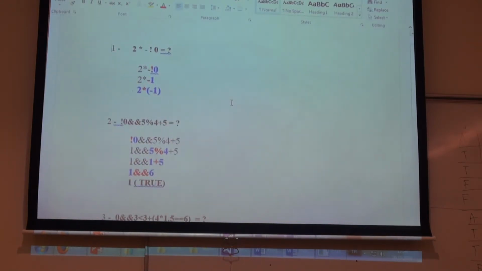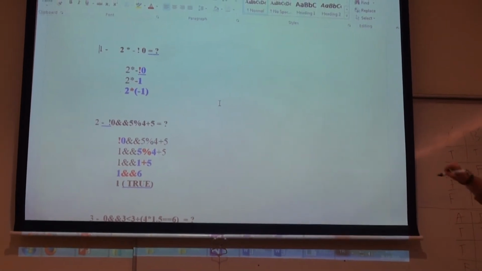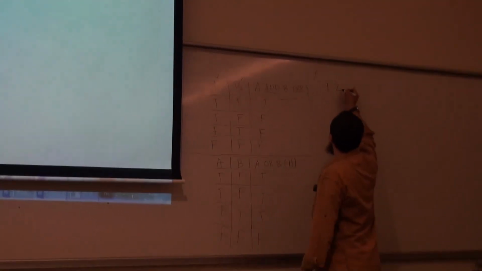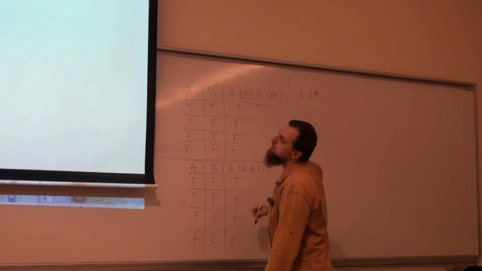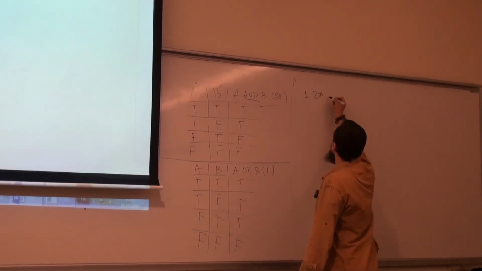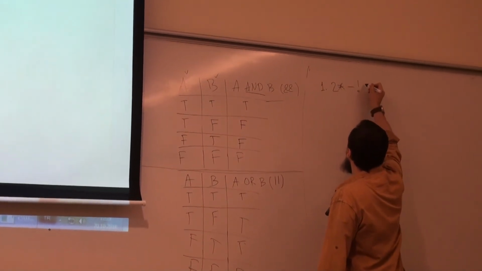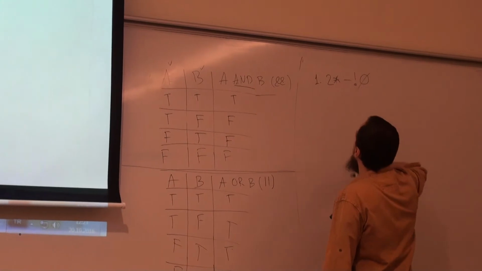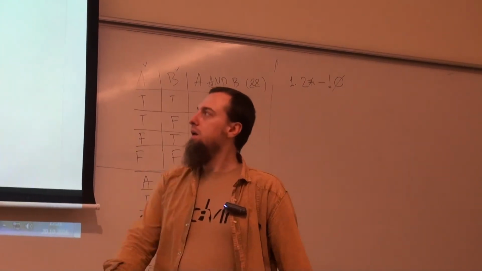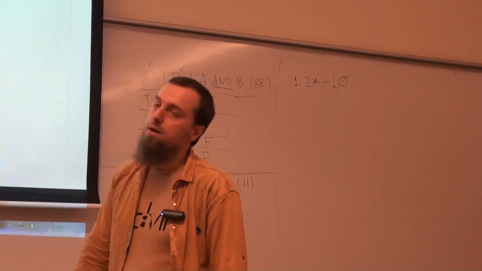The first statement. Pay attention to this one. We have 2 multiplied by minus not 0. This is the exclamation mark.